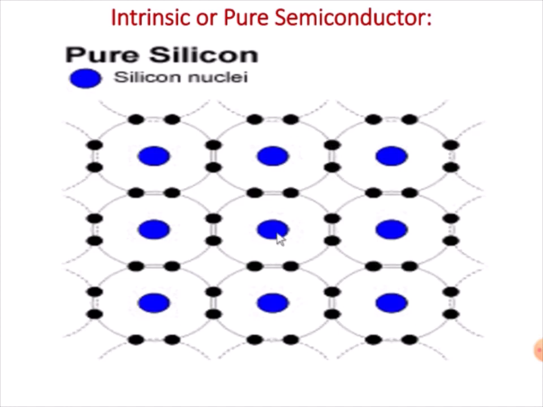Suppose you take this, the second one, as the valence electron for this atom. The first electron, this one and this one, is not for this atom alone; they are shared, forming a covalent bond with this atom.